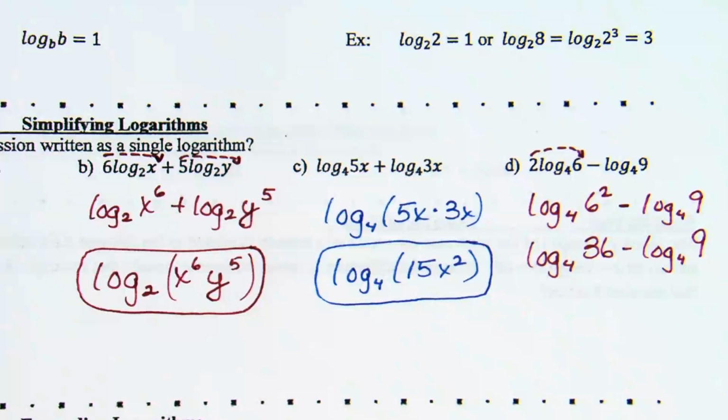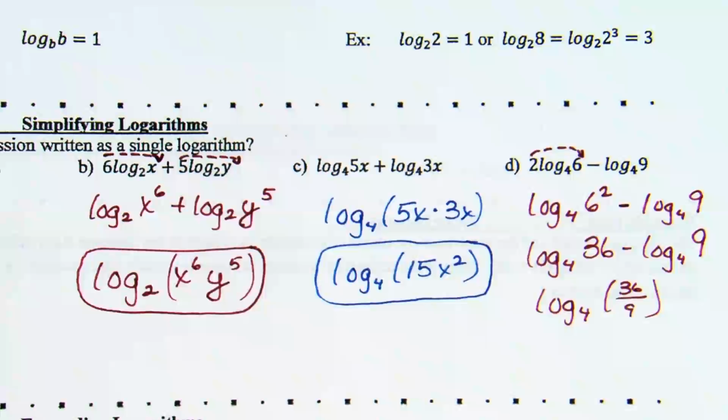Okay. 2 logs being subtracted can be rewritten as 1 log where the insides are divided. So log base 4 of 36 divided by 9. 36 divided by 9 is 4. Log base 4 of 4.